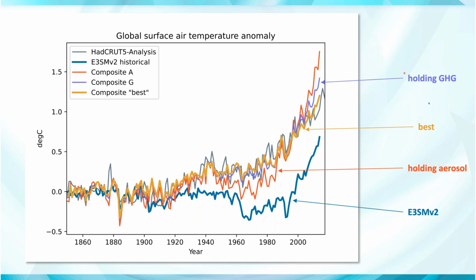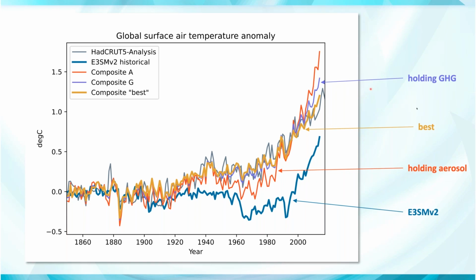The path of holding the greenhouse gas response constant and changing the aerosol is the purple line here, and it's actually quite close to the best solution. It departs a little bit later on, with maybe a stronger warming response in the 21st century.